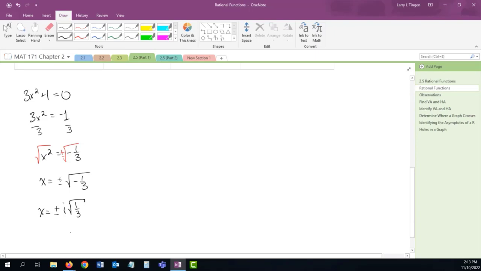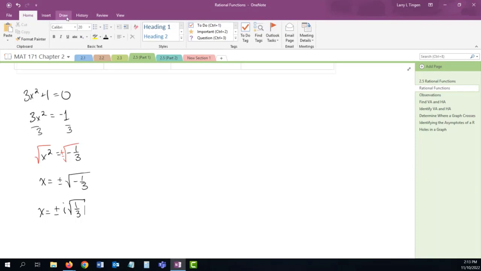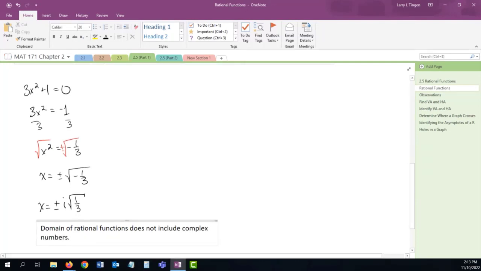The domain of rational functions does not include complex numbers, so ignore these. If you want to follow the algebra steps correctly each time by setting it equal to 0 and solving, great.